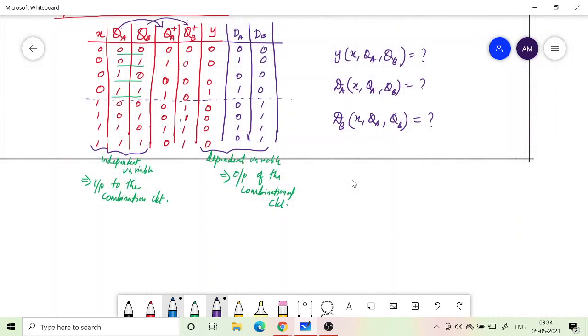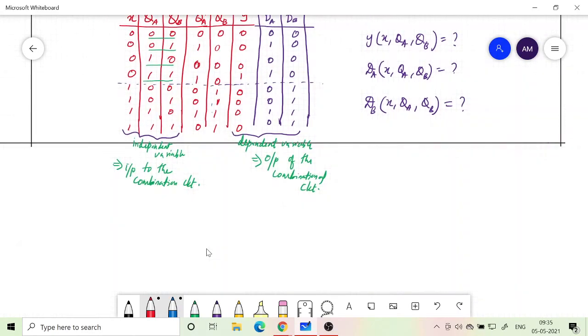Okay, so the design of Y. So let me take the design of Y. So maybe you can write it as a new step. Okay, so let me just write it as a new step, step 4.